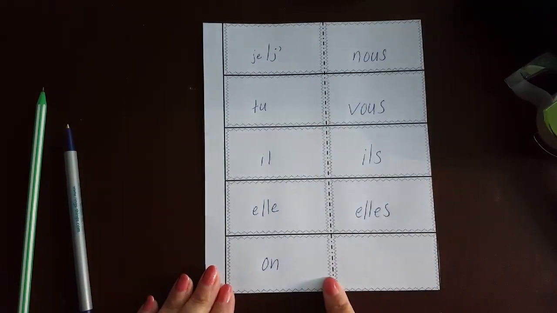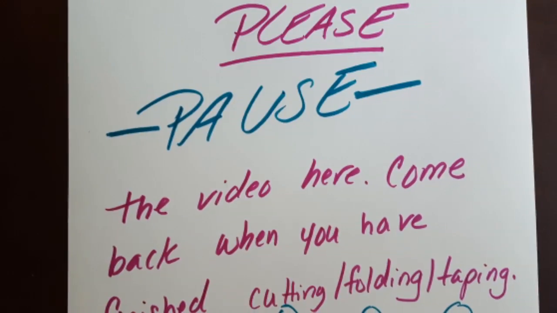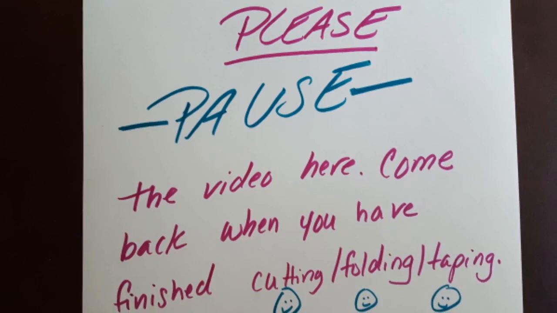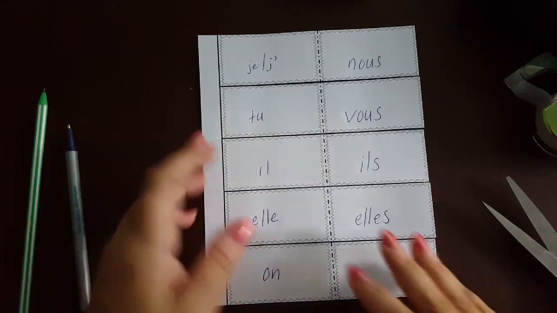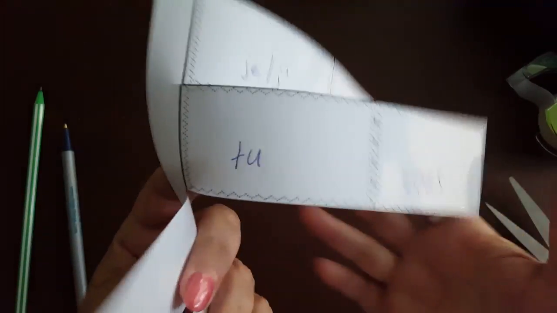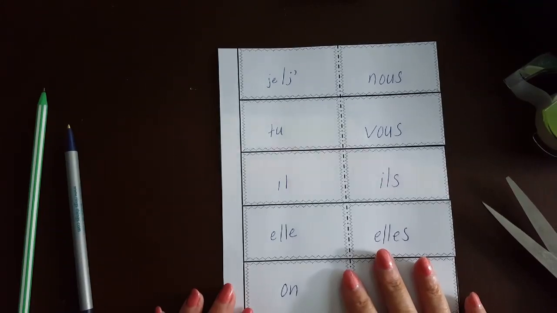Do not cut on the dotted line. Do not cut over here. Thanks to some more movie magic, I now have a paper that looks like this. Your paper should also look like this.